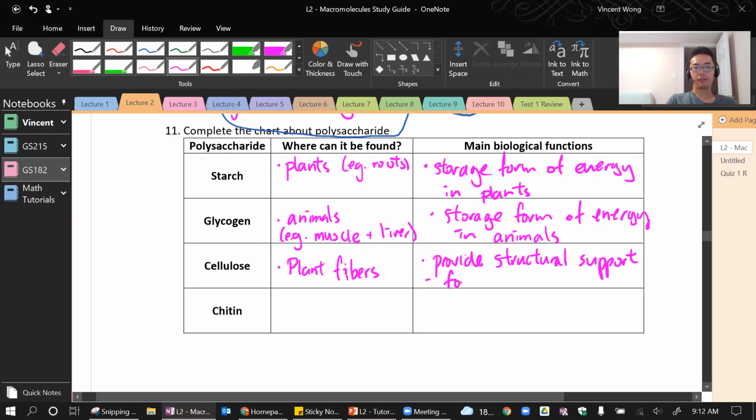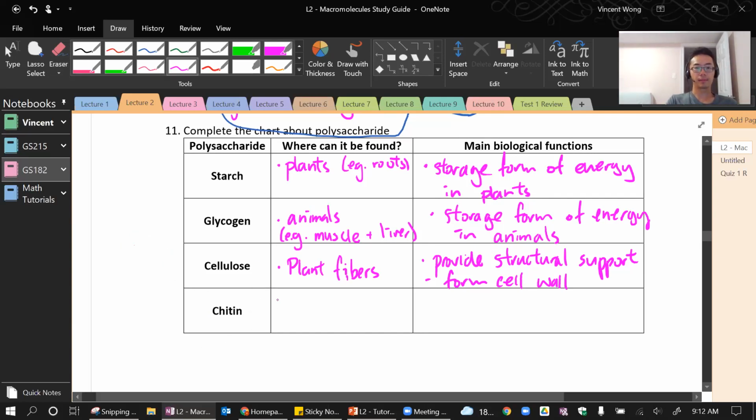Right? They form cell wall. So we haven't learned about cell yet, but cells are these little things that make up all living organisms, like trillion cells. And for plant cells, they would have like a cell wall outside. So the cell wall is made up of cellulose.